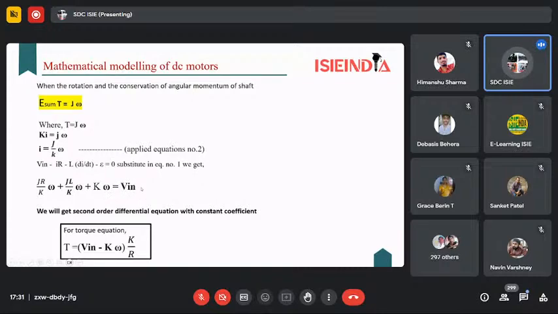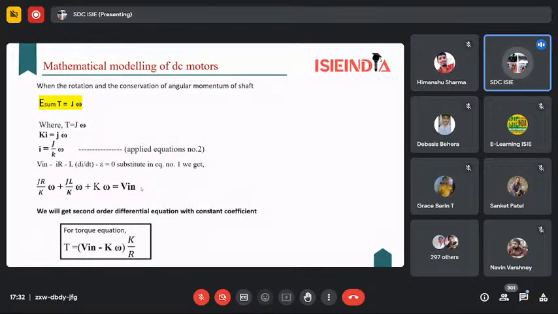So this will give a second order differential equation with a constant coefficient, which can help us to design a graph for the torque saturation part also.